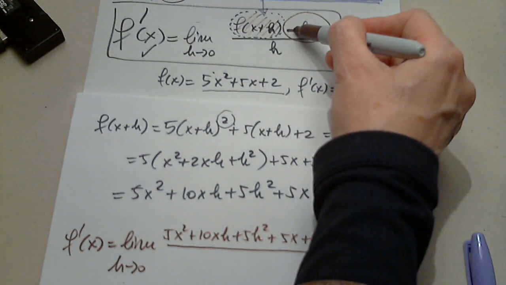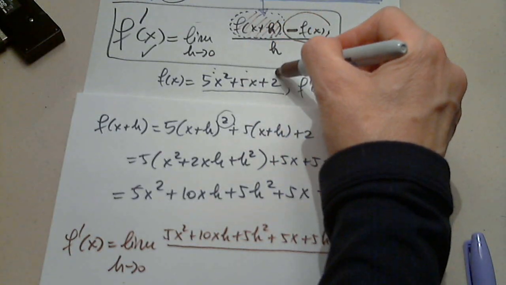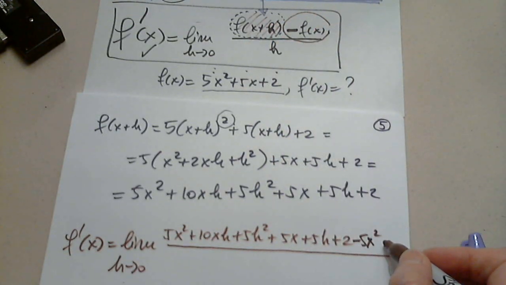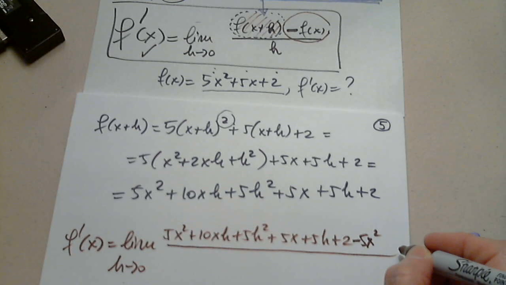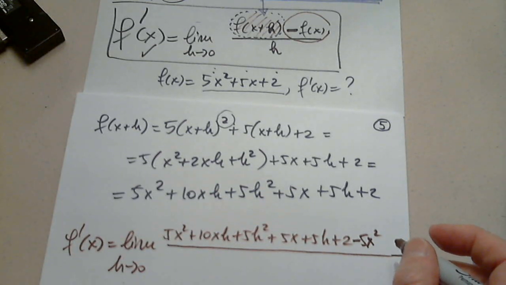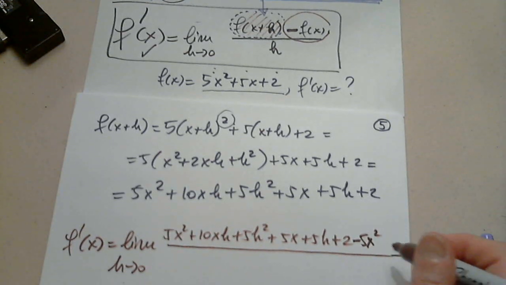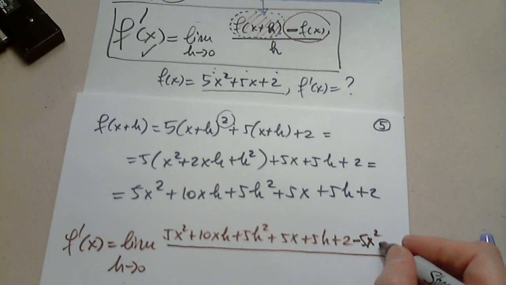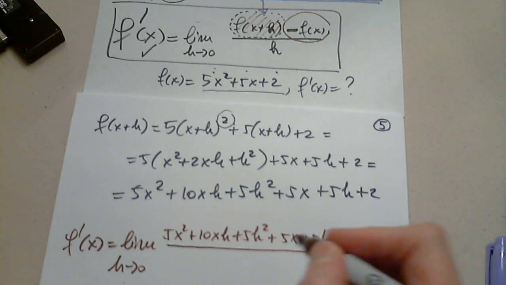We have to distribute a negative symbol to all three terms. Unless you wanted to put parentheses. Yeah, you do it that way, I do it the other way. But then you have to say, and I'll say parentheses, minus parentheses, because I can't write just this and then plus plus, right? So minus 5x and minus 2 over h.